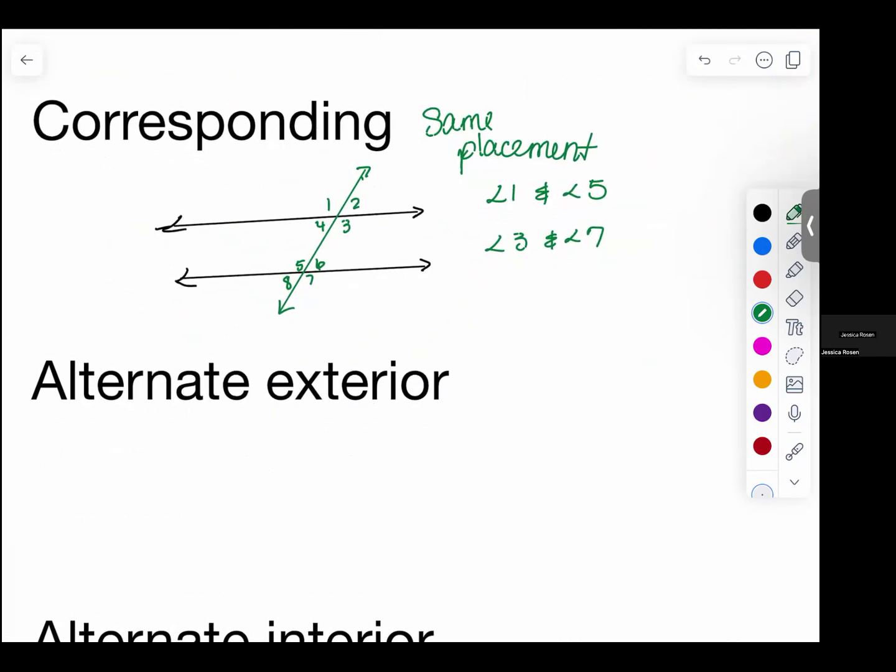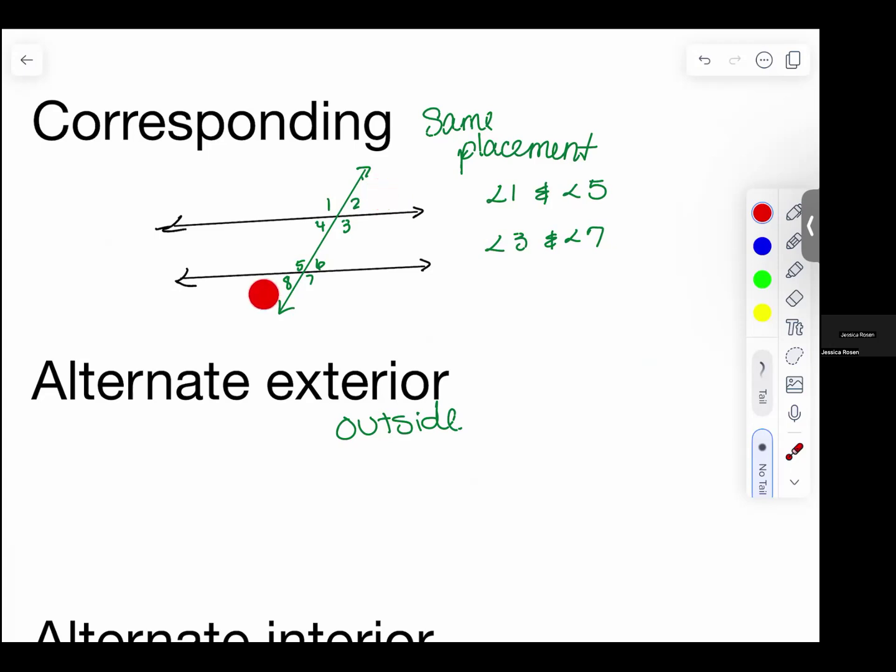Then we have alternate exterior angles. So we're going to use the same diagram here, but our alternate exterior means outside. So let's just put on here, outside. So it's going to be our alternate exterior angles, meaning if I have 2, my alternate is going to be across that transversal.